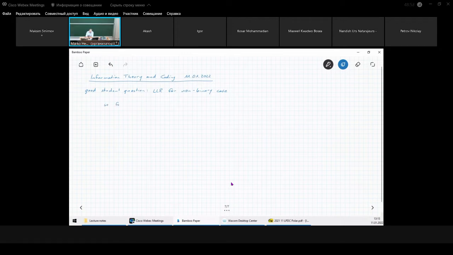So far, you had a binary modulation scheme, for example. So you have +1, -1, or the corresponding mapping. This would be the 1 bit, this would be the 0 bit.